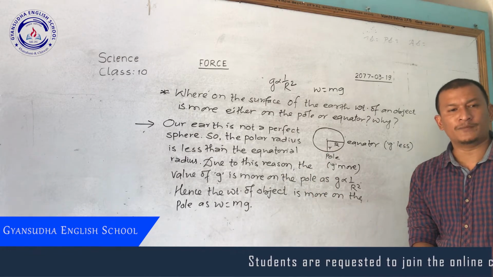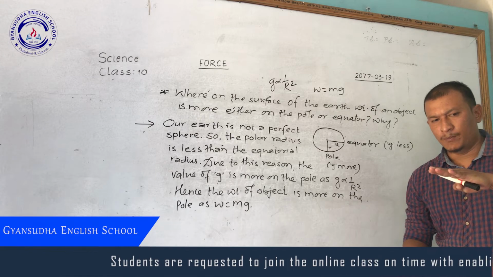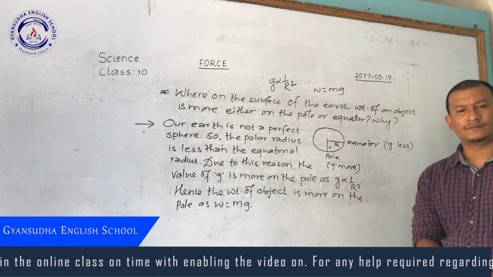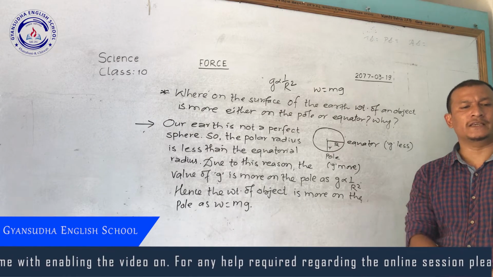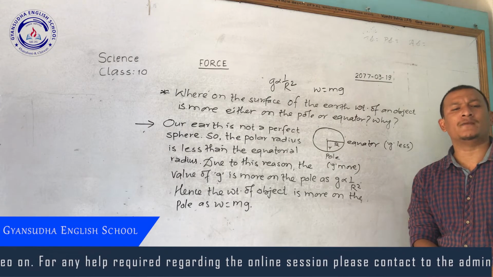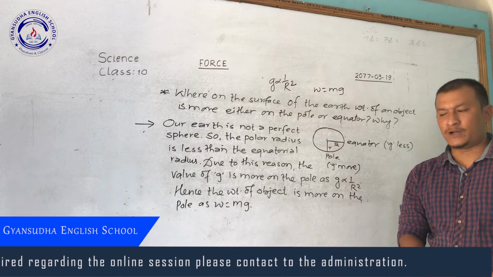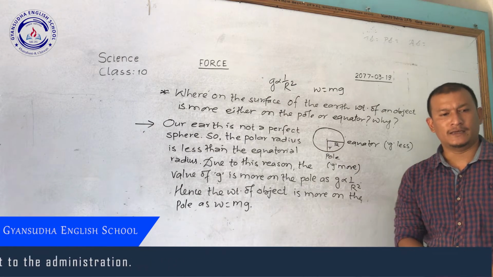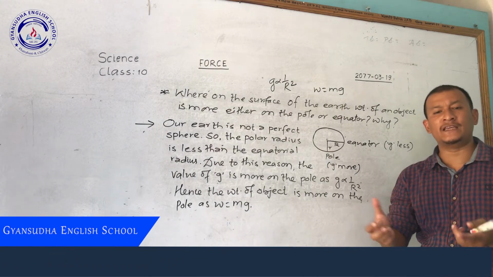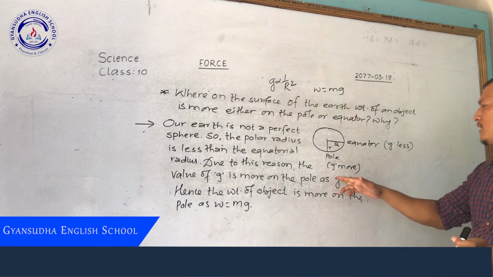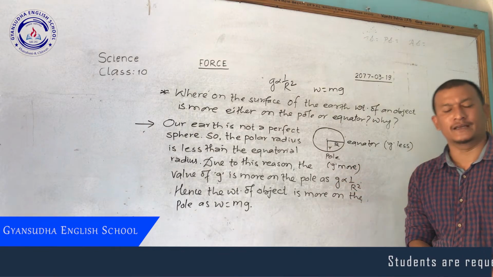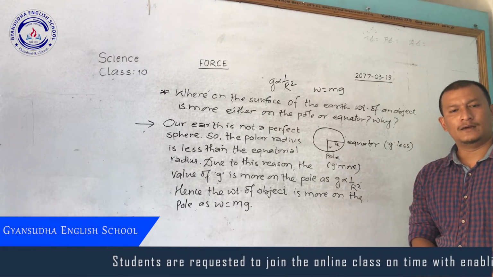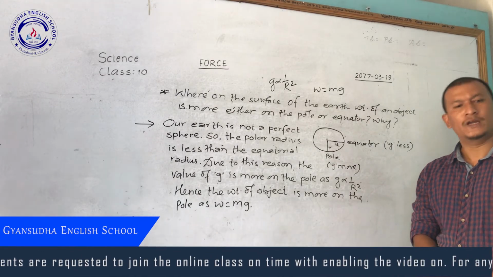Where is the weight of an object more, either on the bottom of the hill or top of the hill? It is obviously more on the bottom of the hill than on the top of the hill, because the bottom of the hill is at less height than the top of the hill. As the height is less, the value of g is more on the bottom, as g is inversely proportional to square of radius. So the weight of the object is more on the bottom of the hill, as W equal to mg.